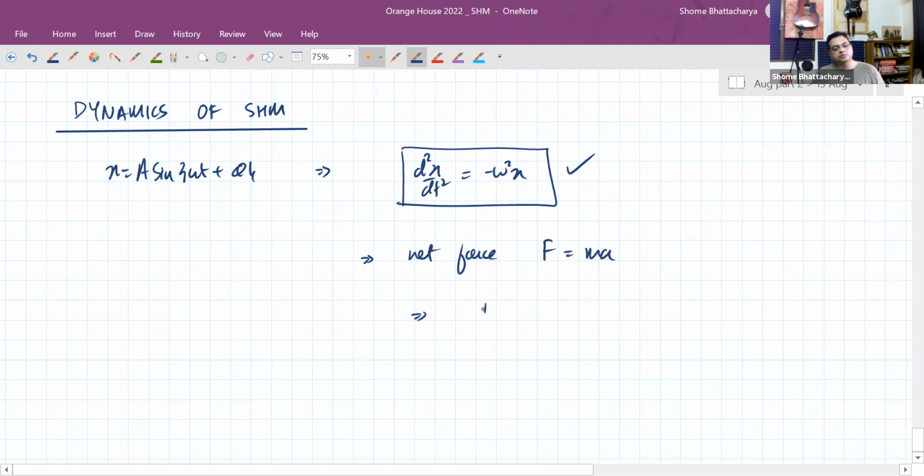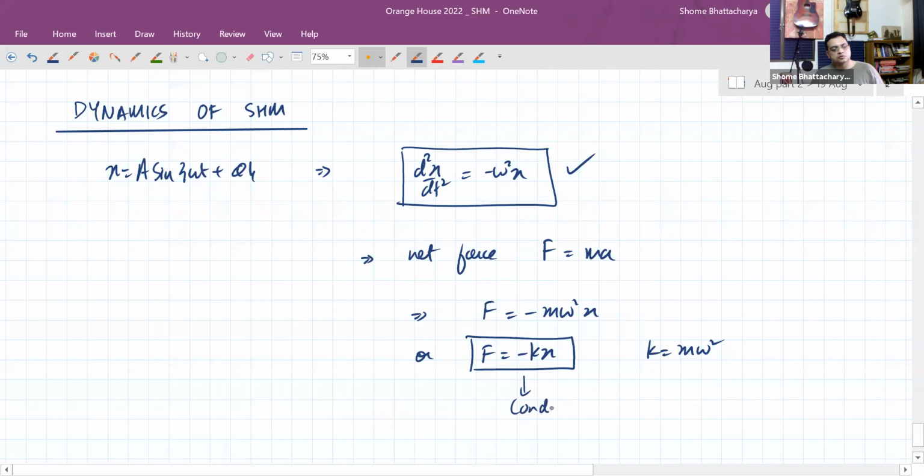should become of the type minus kx, where k is equal to m omega square. So this is a condition for SHM. That is, the magnitude of the net force should be proportional to x and direction opposite.